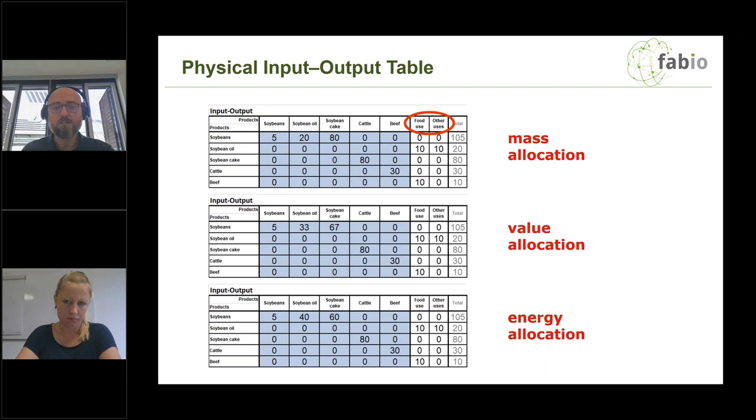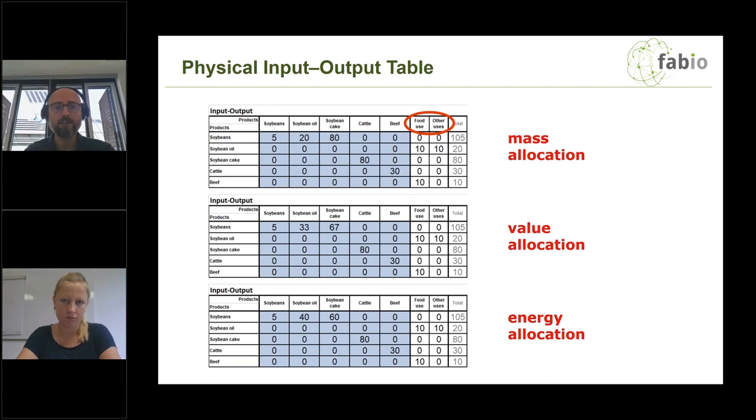In this example, 10 tons of soybean oil going into other uses would, for example, go into the chemical industry and would be further processed and would go into potentially international product supply chains. So it does not end at this place of industrial use.